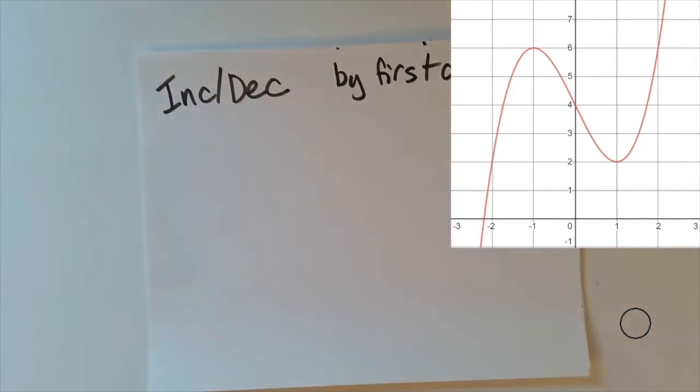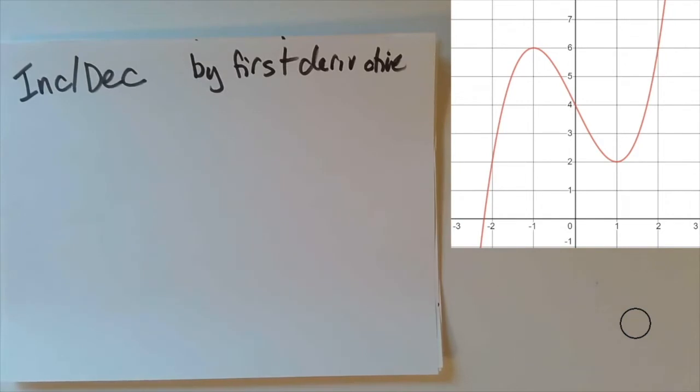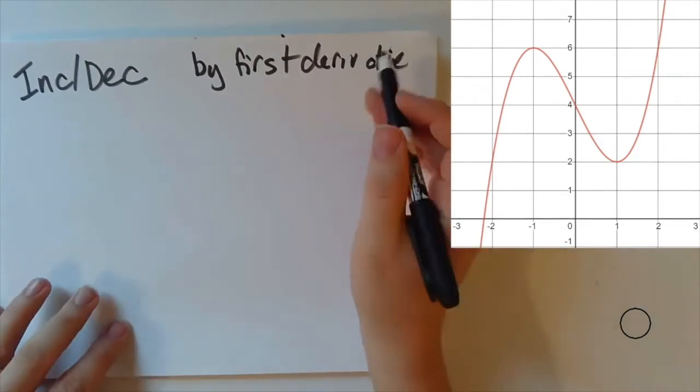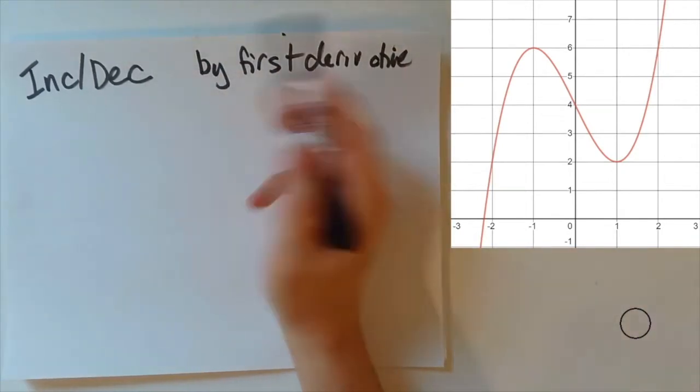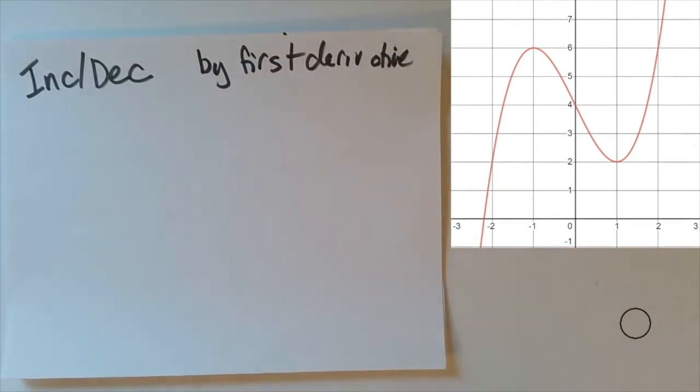And I want to emphasize here that when we go to figure this out, what we really do is we figure out these in-between points, like there and there, where the function changes direction. And then we go back and figure out from there what directions they are.